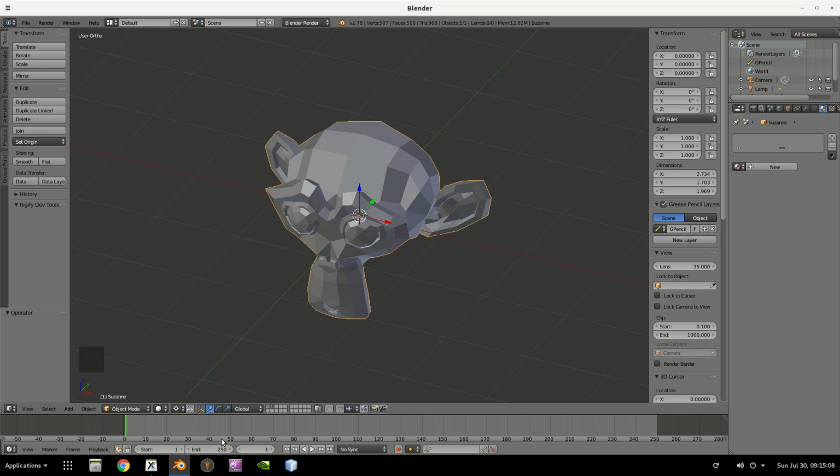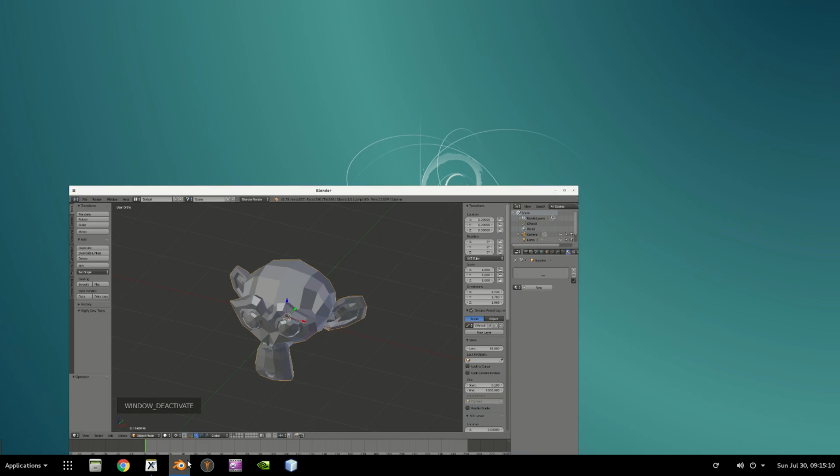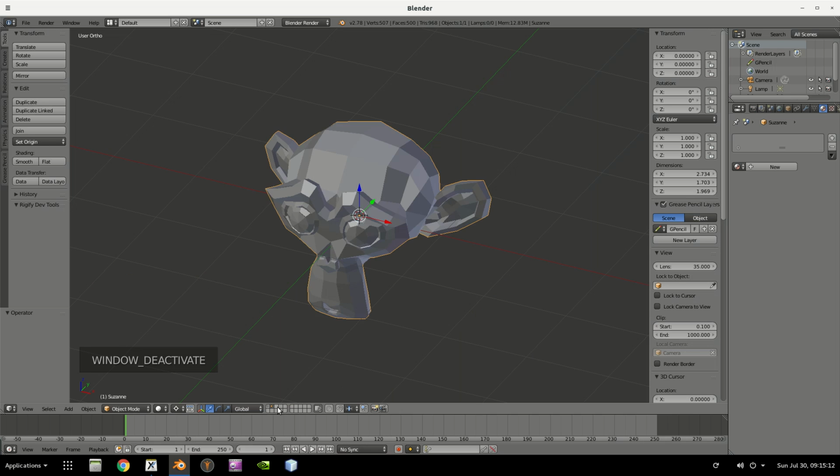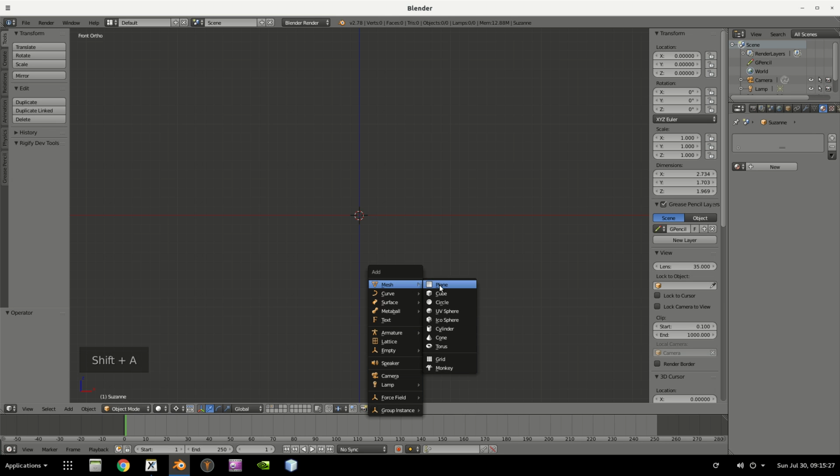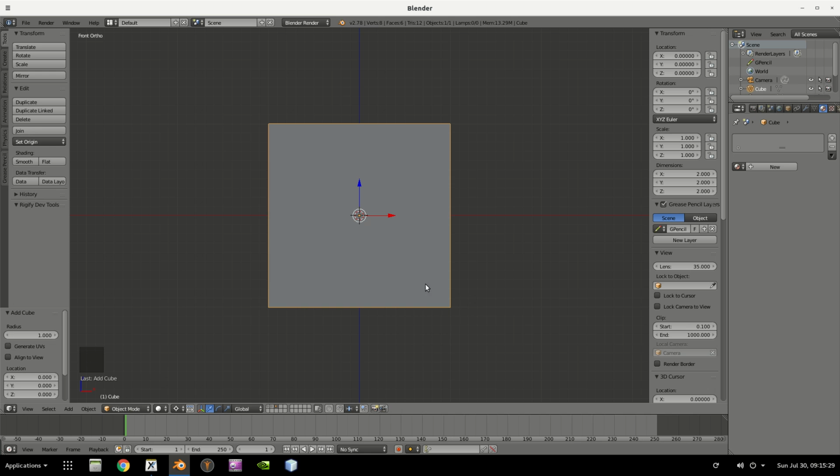Before we get there though, let me give you a brief example or idea of what we are trying to achieve over here. For animation or for any sort of modeling also, we need a lot of things. For example, let's say we got a cube like this. I want to change the shape of it.